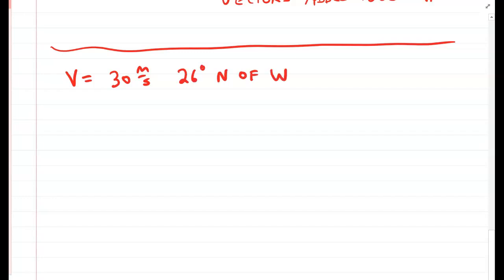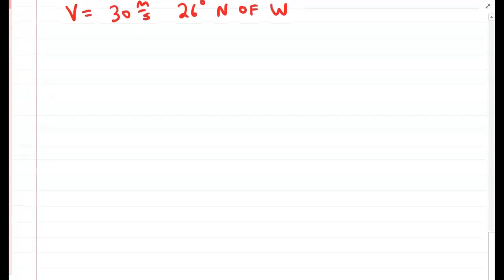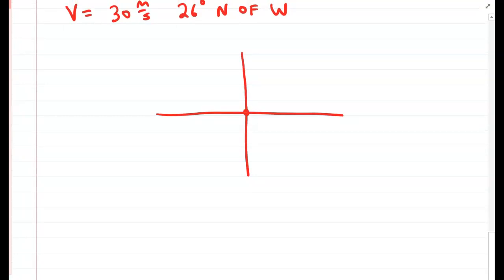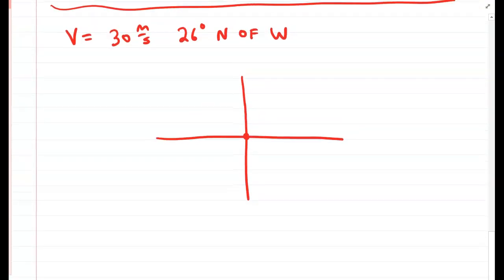What does that even mean? How would you draw that? Well, you have to think like this. You have an origin that you're going to start at. Well, this would be north, east, south, west. So it says 26 degrees north of the west axis, north of west. The west axis is over here. So I'm going to start there and I'm going to go 26 degrees to the north.